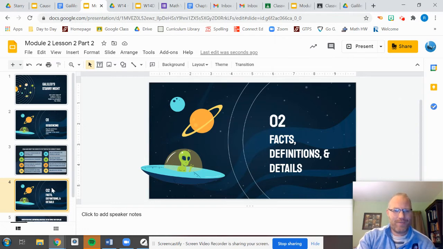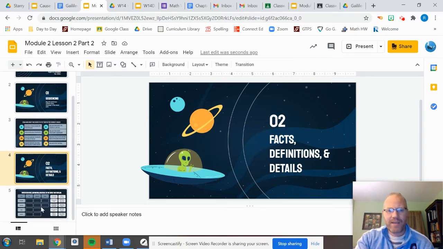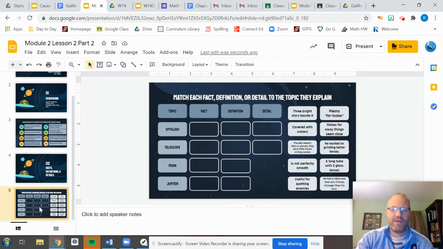And in Shark Attack, we talked about what facts were, what definitions were, and what details were. So facts being things that can be proven, definitions being the meaning of things, and details being things that you can find from the story. So we have topic, spyglass. What's a fact about the spyglass?